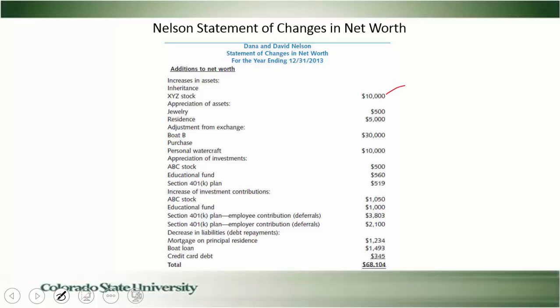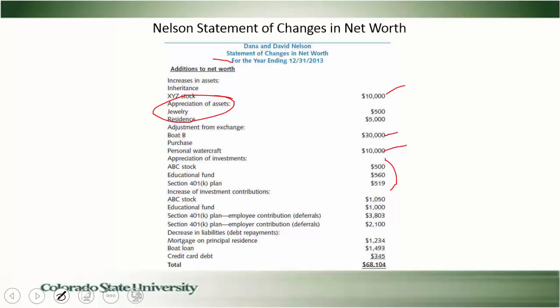So there was an inheritance of $10,000 of stock. There was some appreciation of assets here. There was an exchange. This is the boat A going away, the boat B being acquired. So David acquired both a bigger or nicer boat and personal watercraft as part of that exchange. And we've got some more appreciation of investments here that's contributing to an increase in net worth.